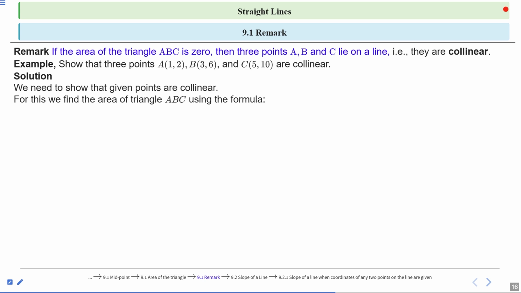So we need to show that the given points are collinear. For this, we find the area of triangle ABC using the formula.